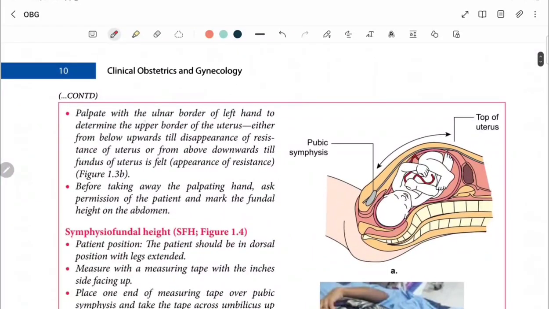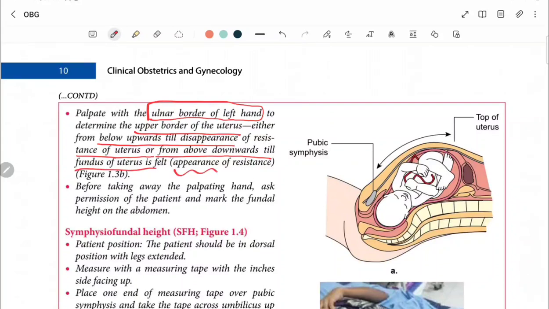Now, you need to palpate with the ulnar border of the left hand to determine the upper border of the uterus, either from below upwards till disappearance of resistance of uterus, or from above downwards till the fundus of the uterus is felt.